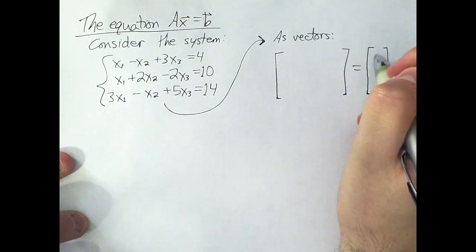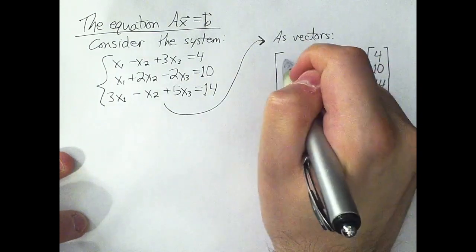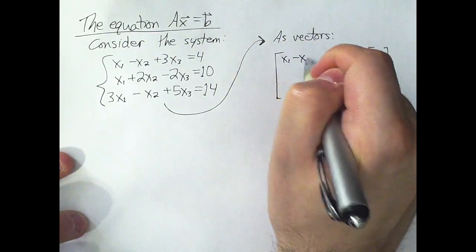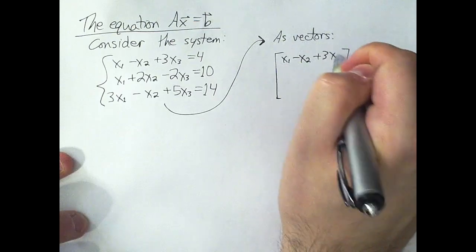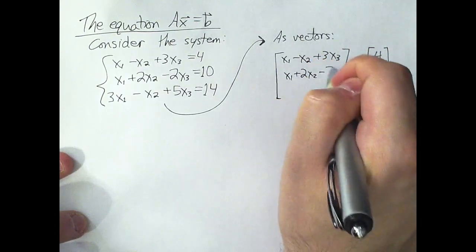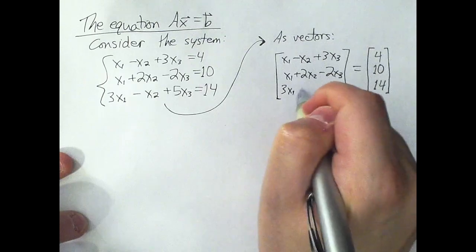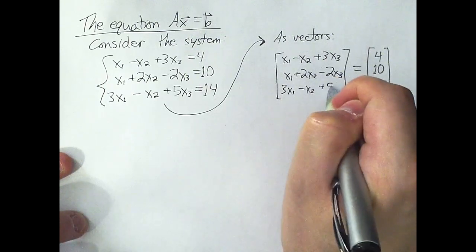The right-hand side being 4, 10, 14. And the left-hand side being x1 minus x2 plus 3x3, x1 plus 2x2 minus 2x3, 3x1 minus x2 plus 5x3.